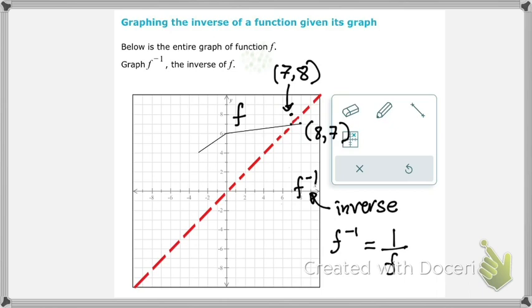So I also have this point here. Just to clarify, let me use a different color. Right there, I put a point for the inverse, because if the function has a point on the line y equals x, then its inverse has that point too.